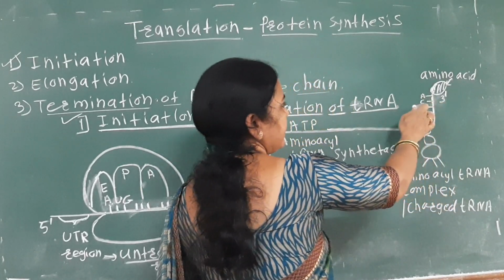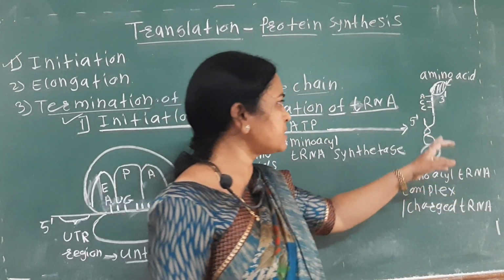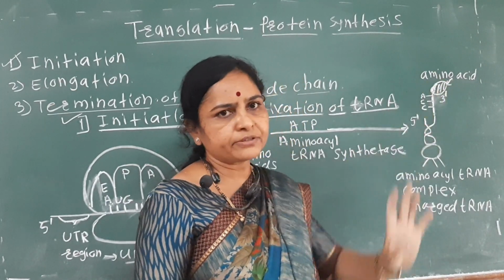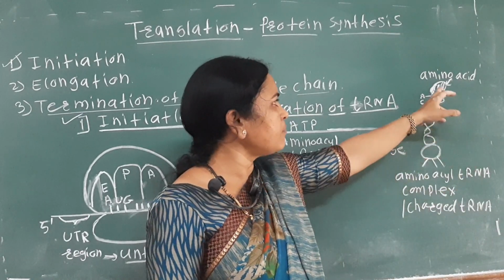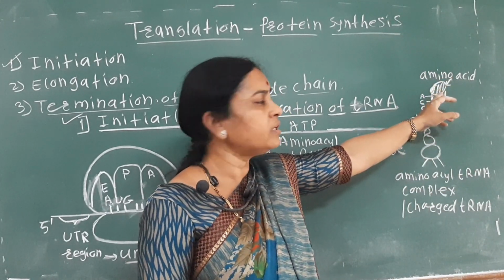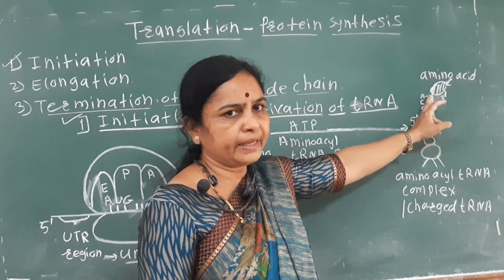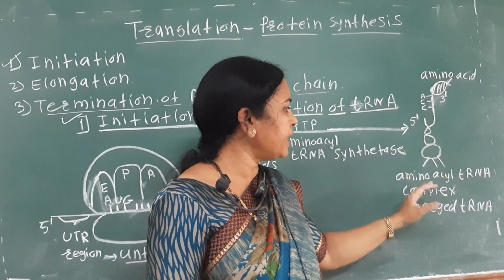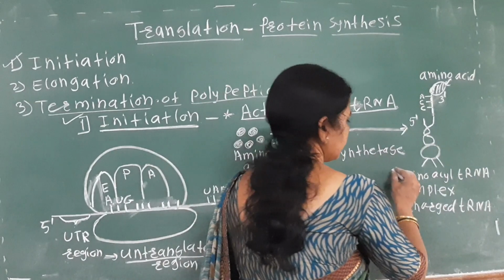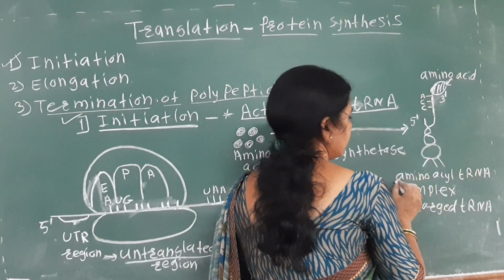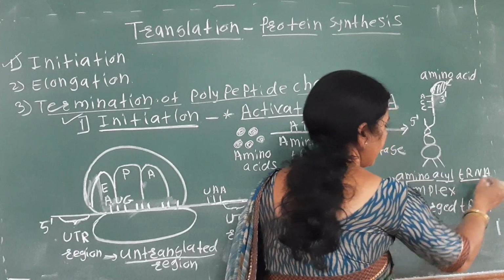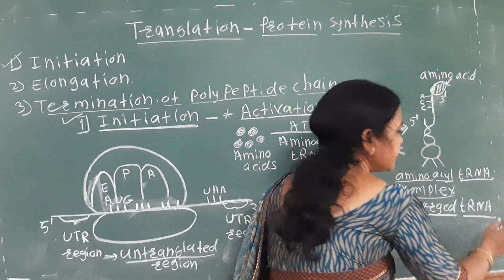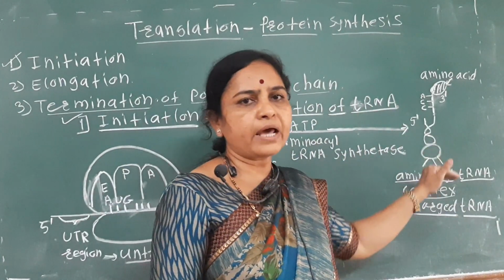The 3' end is the longest end, having the CCA end, and the amino acid gets attached at the 3' end of the tRNA, at the CCA end. The structure produced is known as the aminoacyl tRNA complex, also known as the charged tRNA.